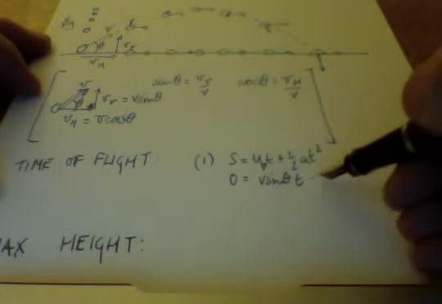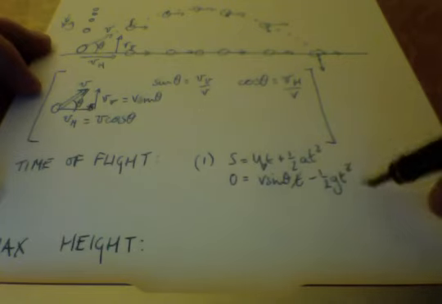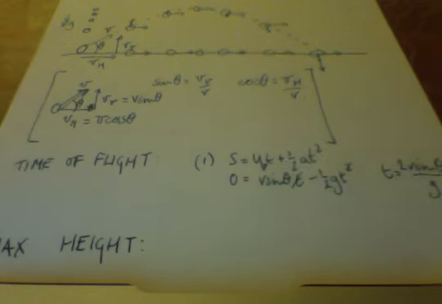And then because g is acting in the opposite direction of motion, we've got a minus ½gt². Because I've got a 0 on this side, I can get rid of the t's quite happily. And my time will therefore come out to be 2v sine theta divided by g. So that's my time of flight.